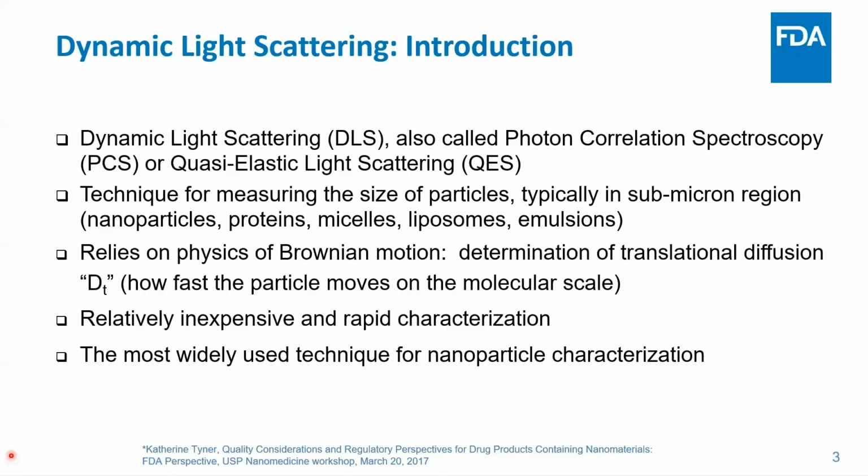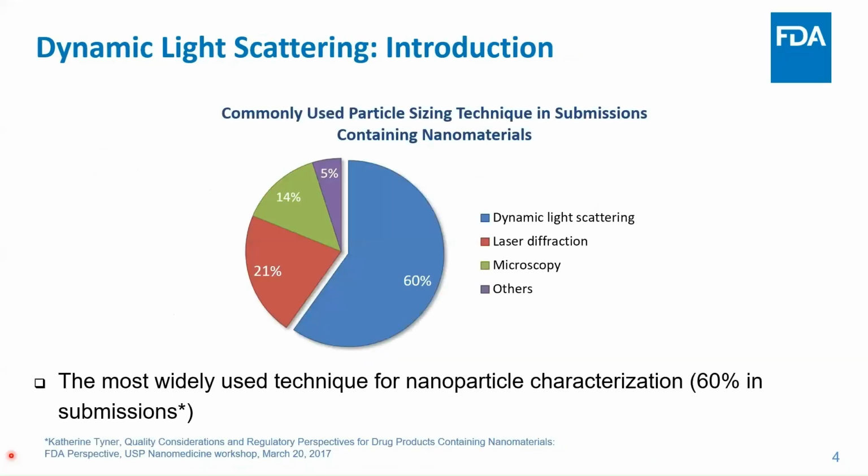It's used often because it's super fast and pretty cheap compared to a lot of the other techniques. It's a really easy technique to get your hands on and do. Because of that, it's one of the most widely used techniques for nanoparticle characterization, from the laboratory scale up to quality control.